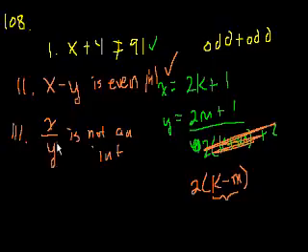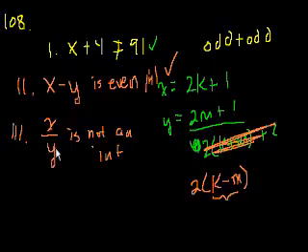Now, if x divided by y were an integer, then that means that y divides evenly into x, which would mean that y is a factor of x, which would mean that x has a factor other than 1 and itself, which would mean that x is not prime. But they tell us that x is a prime number, and y isn't just the number 1, right? They're both prime numbers, and they are each greater than 2, so y is definitely not 1.